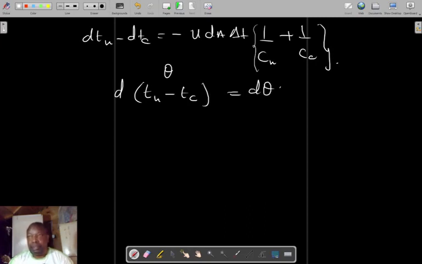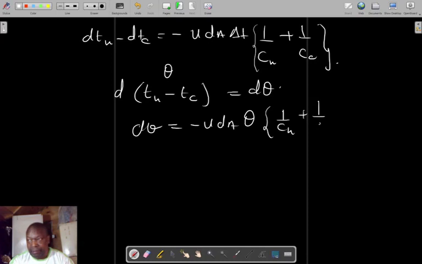Okay, so we have d theta is equal to minus U dA, and this delta T, which is also theta, is TH minus TC. So this is also times theta times 1 over CH plus 1 over CC.